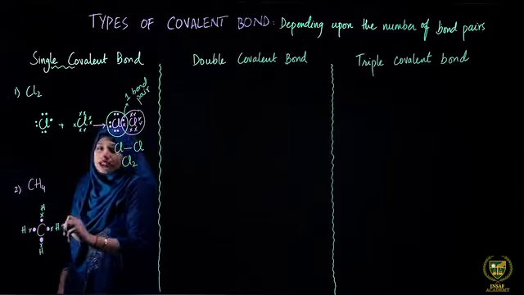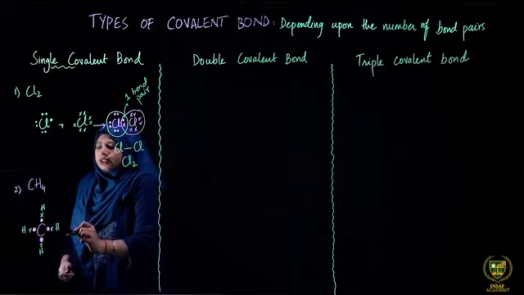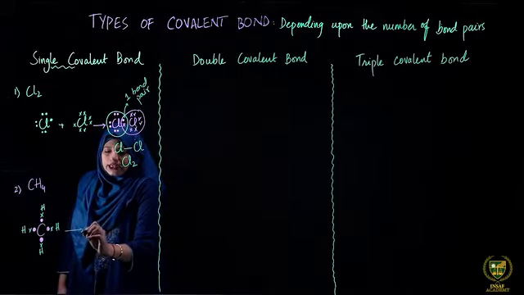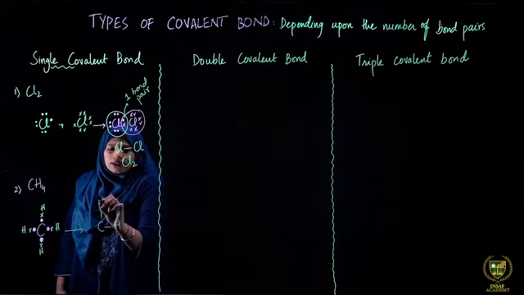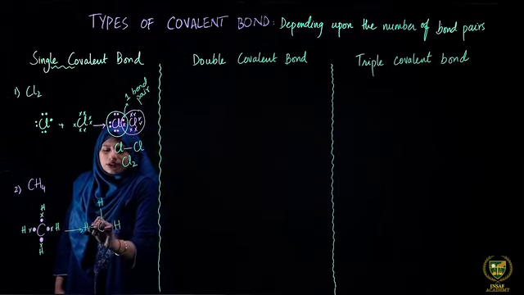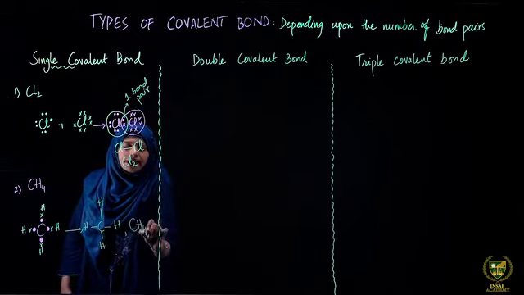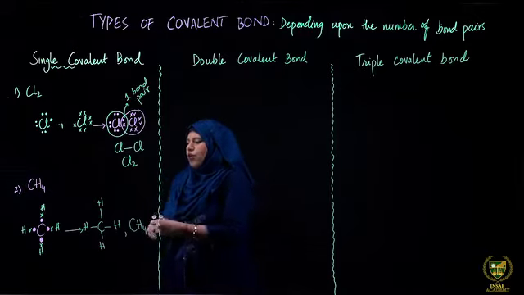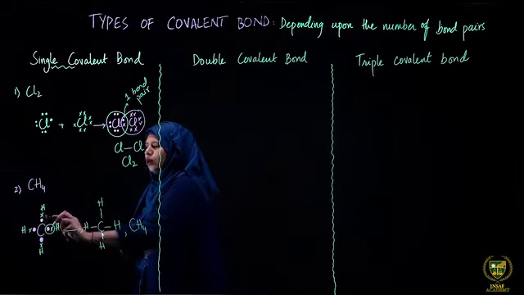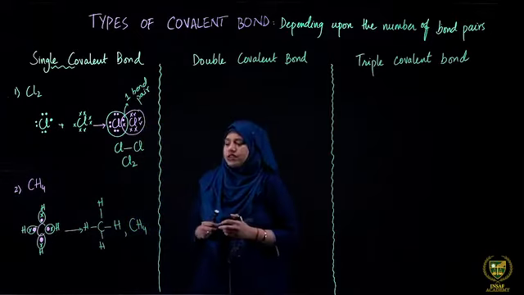I hope you do understand how to make these Lewis structure diagrams. So when these 5 atoms combine together, they form this methane structure like this, and we can call it CH4 as well. As you can clearly see, only one bond pair over here, one bond pair over here, one bond pair over here, and one bond pair over here is used.